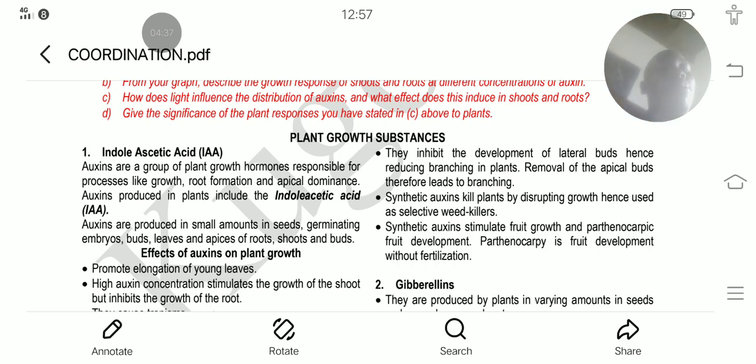Lateral buds are these buds that distribute, you can call them tributaries. They always grow from the main stem, like this. So they are inhibited by these auxins to reduce or inhibit such growth of a plant.